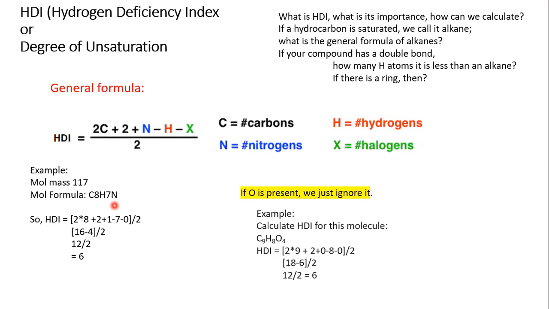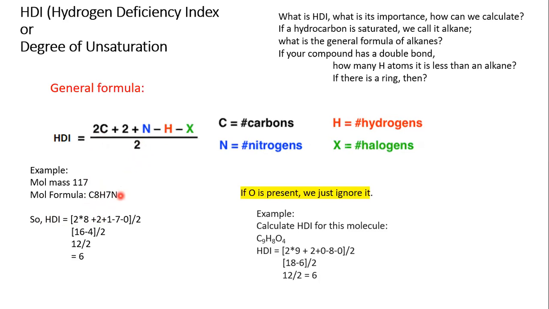So based on this molecular formula, how can we calculate HDI? Use this equation. You have 2 multiplied by the number of carbons, which are 8 here, then plus 2 from the formula, then plus the number of nitrogens.